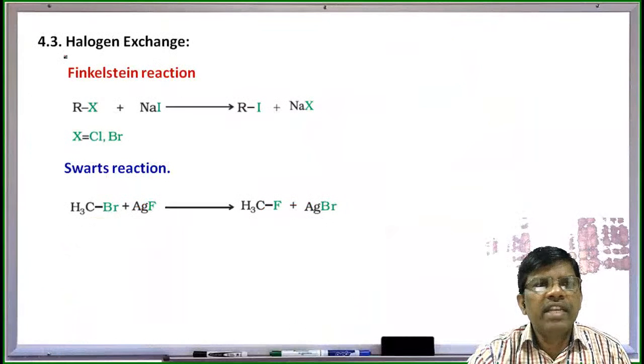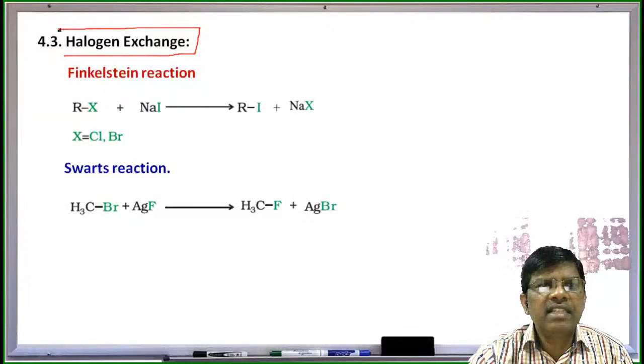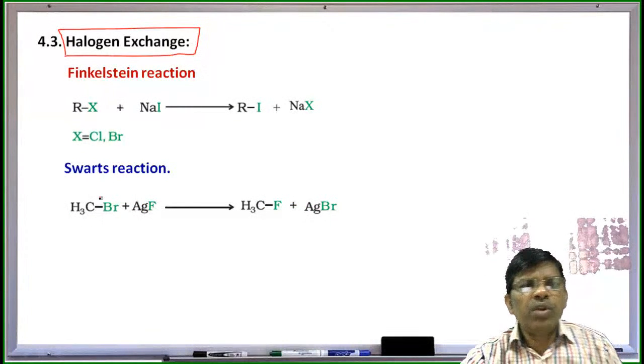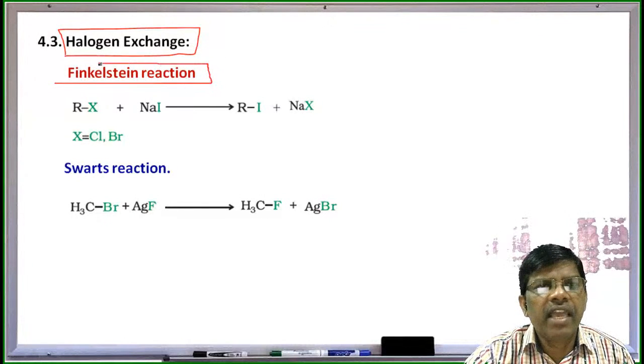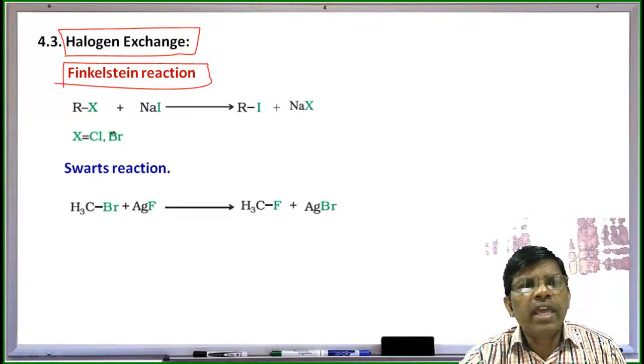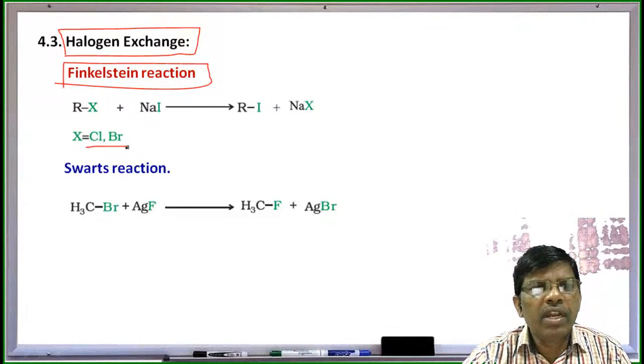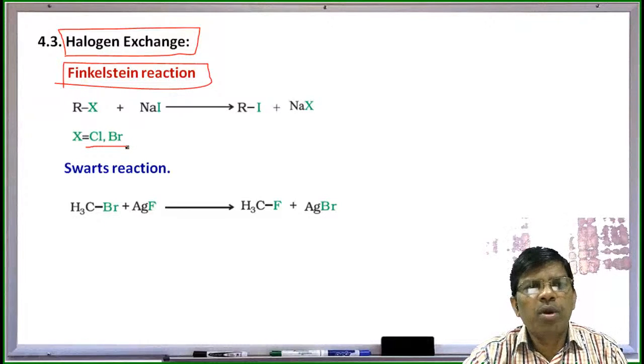So halogen exchange, there are mainly two reactions. For example, this is the Finkelstein reaction where lower halogens, for example chlorine, can be replaced with bromine, or a chloro or bromo compound can be replaced with iodine.